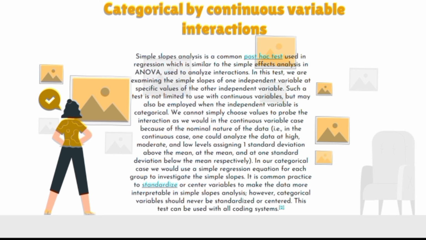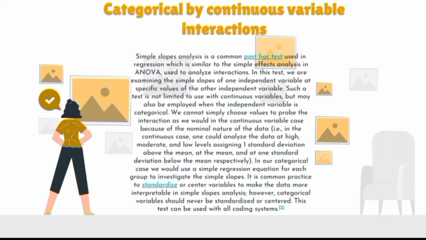In the continuous case, one could analyze the data at high, moderate, and low levels, assigning one standard deviation above the mean, at the mean, and one standard deviation below the mean respectively. In our categorical case, we would use a simple regression equation for each group to investigate the simple slopes.